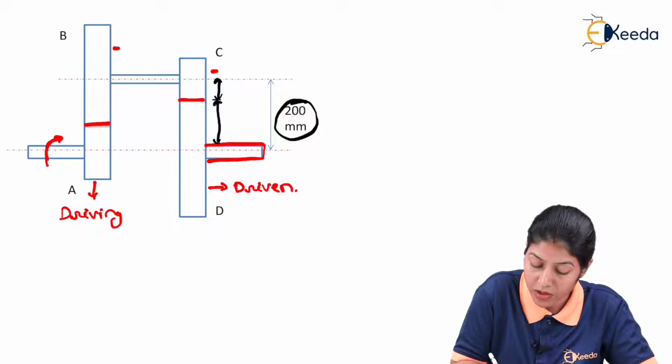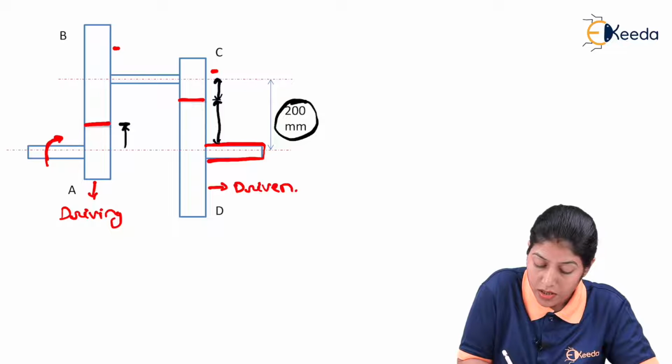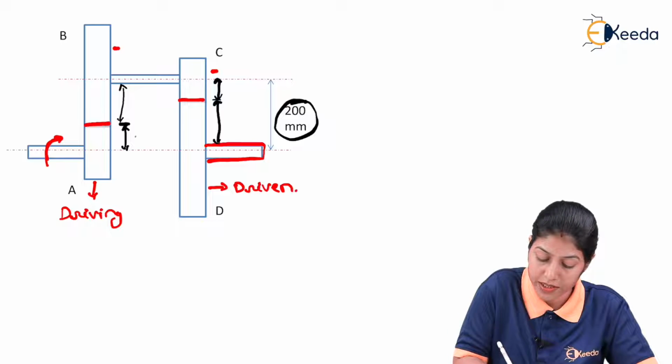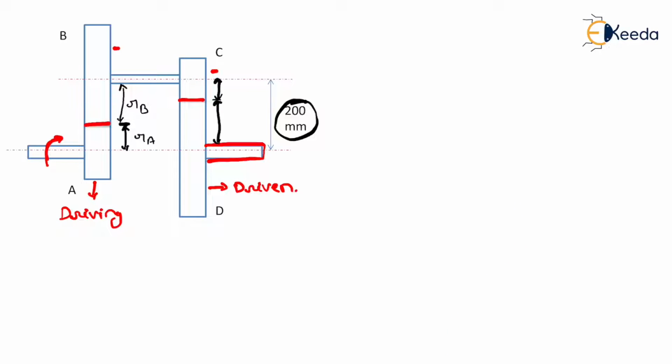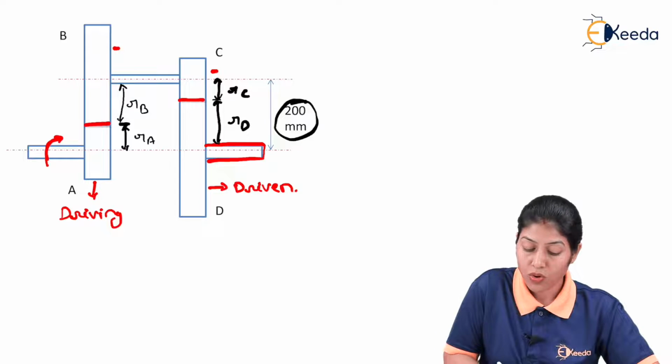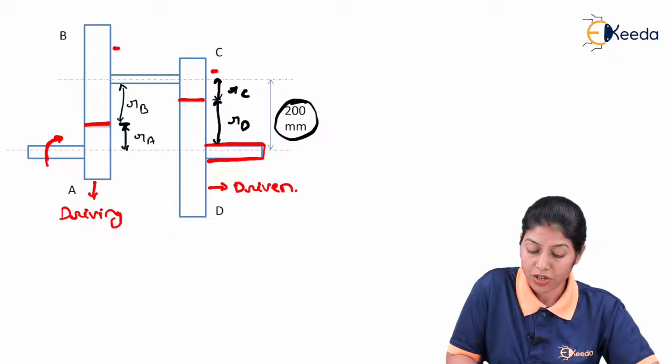So the summation of the radius of these two gears will represent the center distance. So if we are considering RA, RB, RC and RD as the radius of each gear, the center distance will be the summation of RA plus RB, RC plus RD.